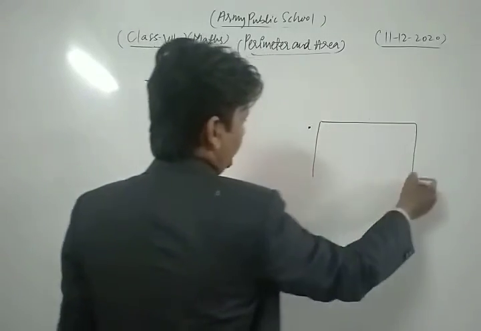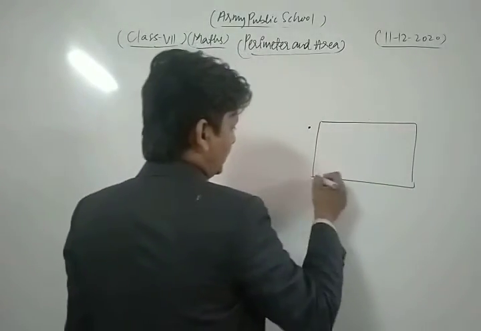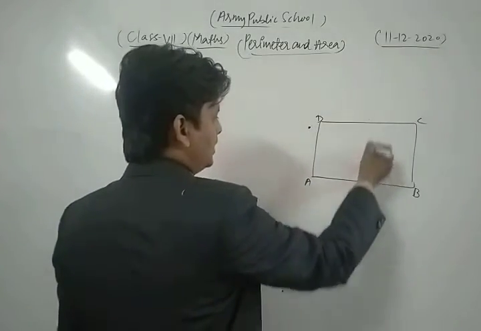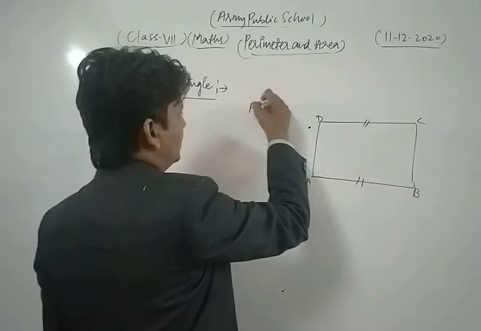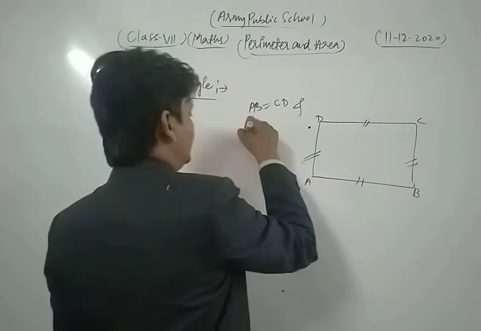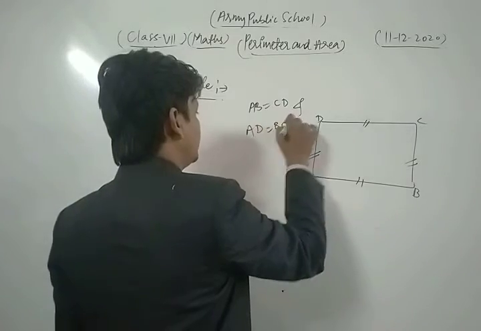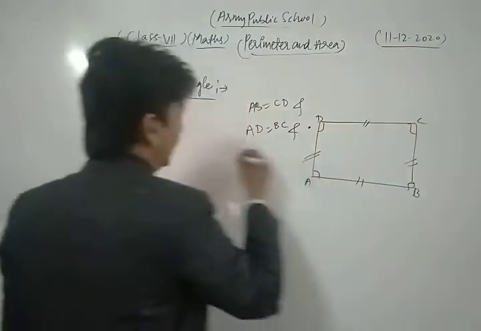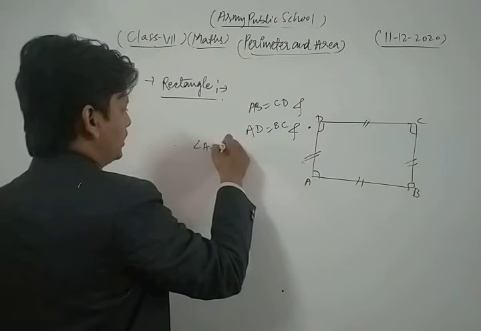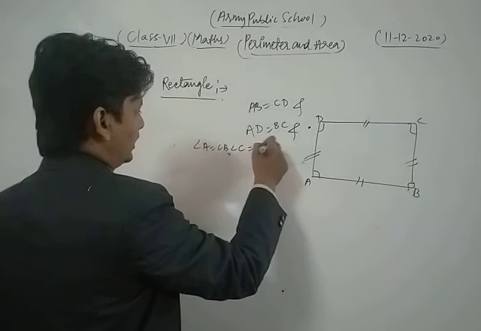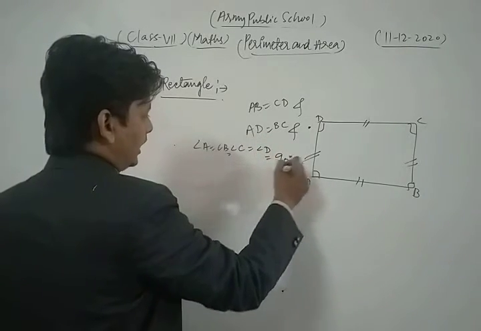Here suppose we draw a quadrilateral ABCD in which AB is equal to CD and AD is equal to BC, and each angle is equal to 90 degrees. Each angle means angle A is equal to angle B is equal to angle C is equal to angle D, each equal to 90 degrees.